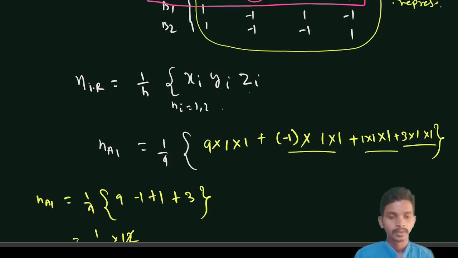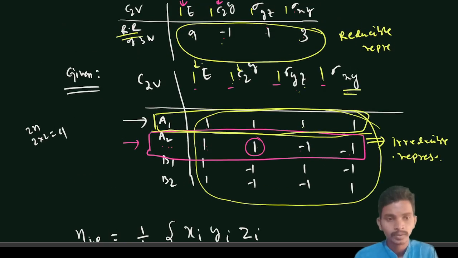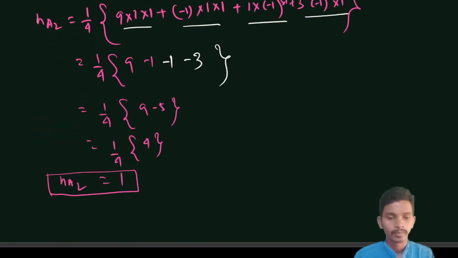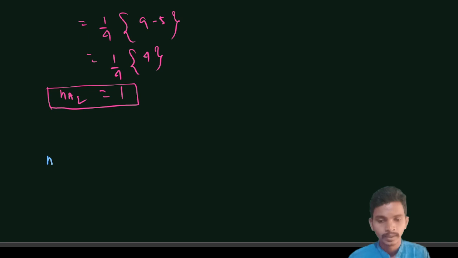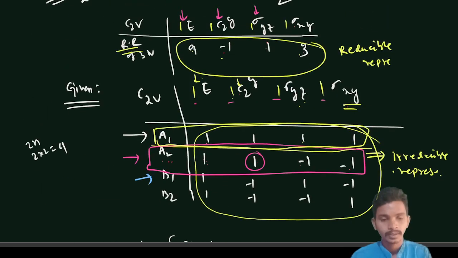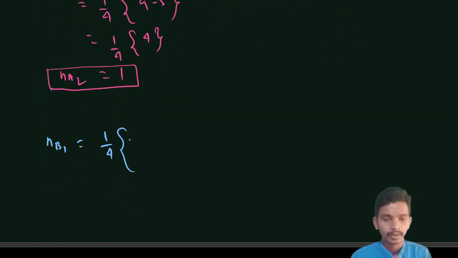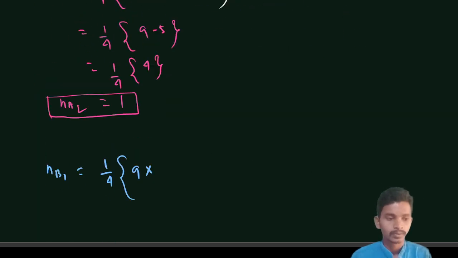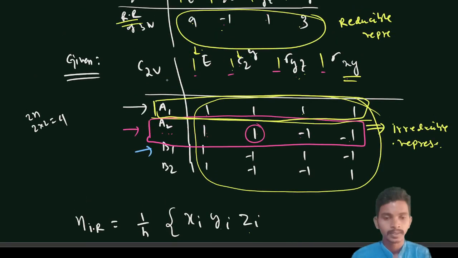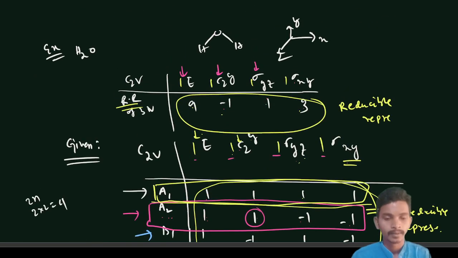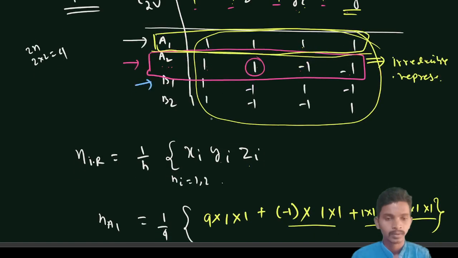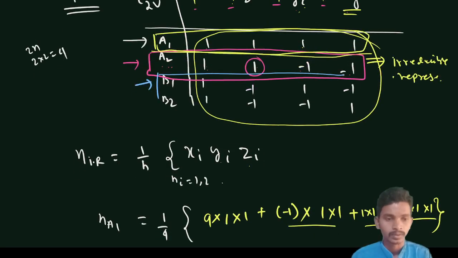Similarly, we will next move to B1. Again we will do the same. The order of the group is 4, and we will start from here, 9, into the irreducible representations. Now we are going to look at this one, this is 1.